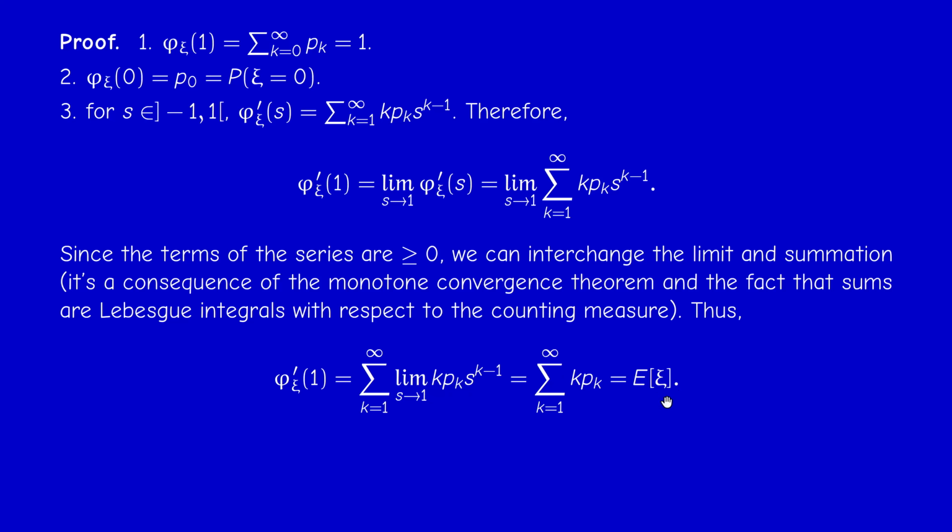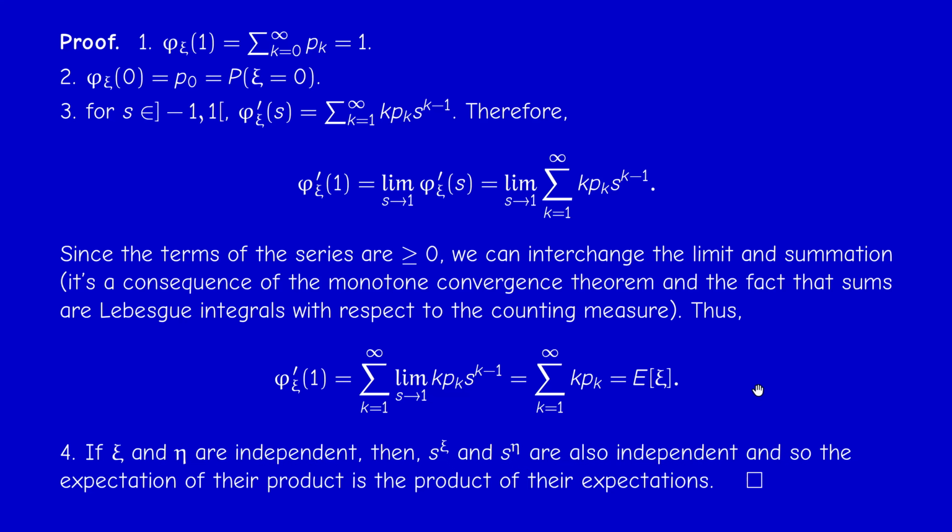Okay, so this could be plus infinity. Okay, and last term is just an easy consequence, because if xi and eta are independent, then any function of xi and any function of eta are independent. And so the expectation of the product is the product of the expectations for two independent random variables, as you know. Okay, so this concludes the proof of the first result.